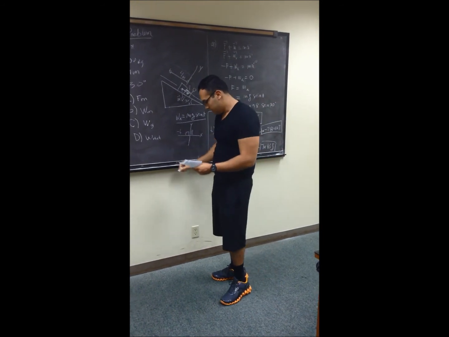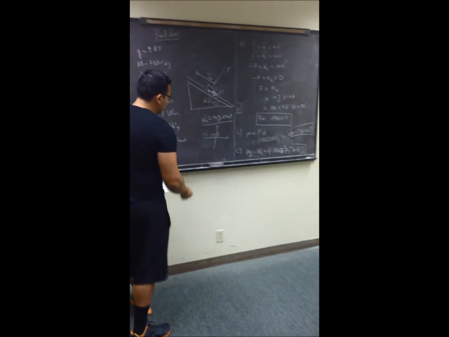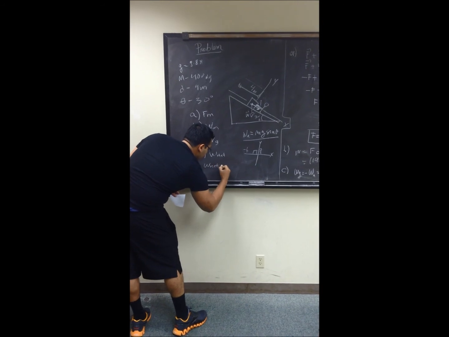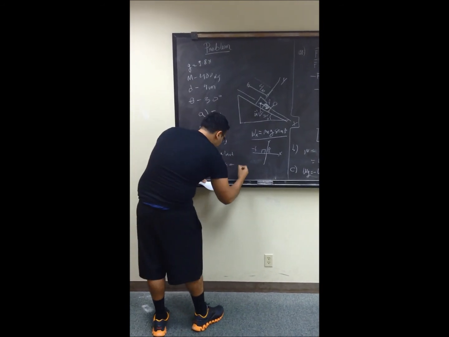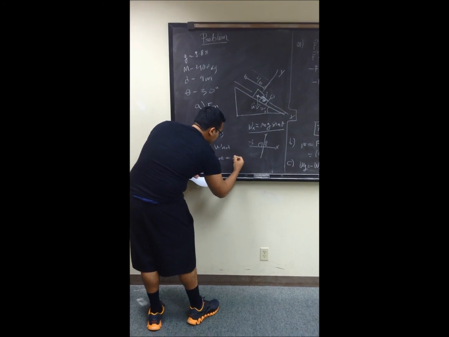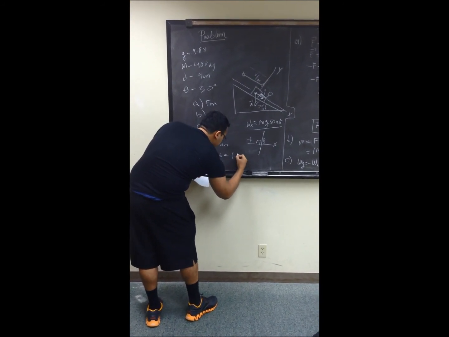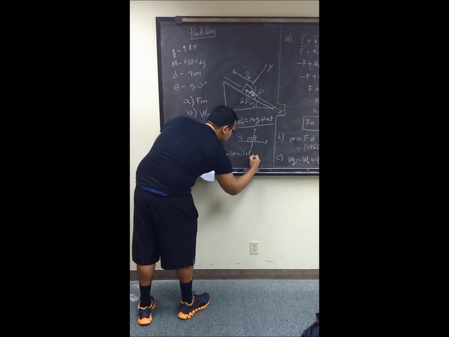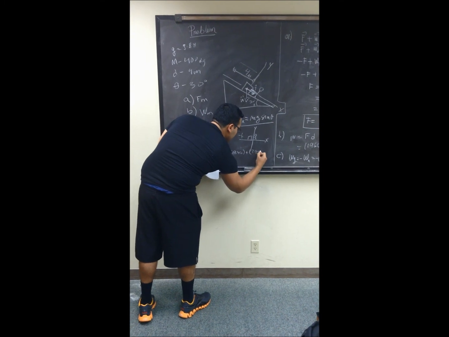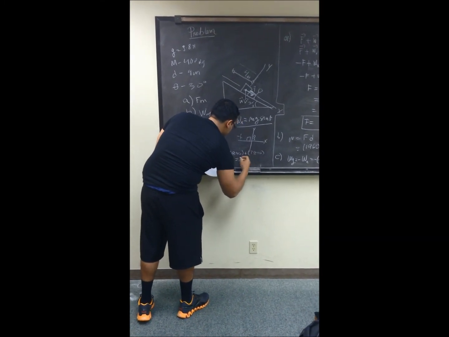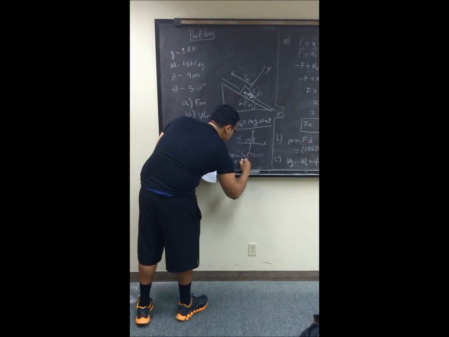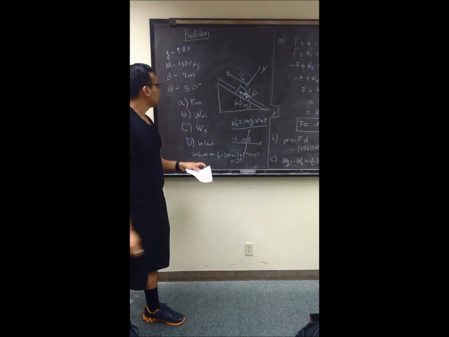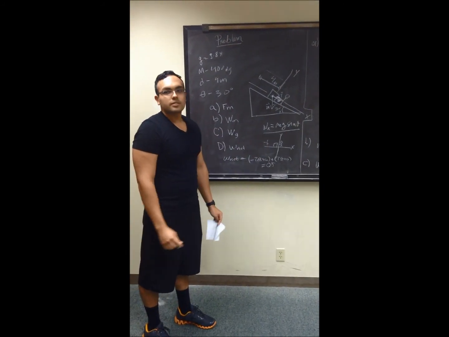So we basically will just have the work of gravity plus the work of the man, which is the negative 7840 plus the positive 7840, which gives us 0 joules. And that is the net work acting upon the box.